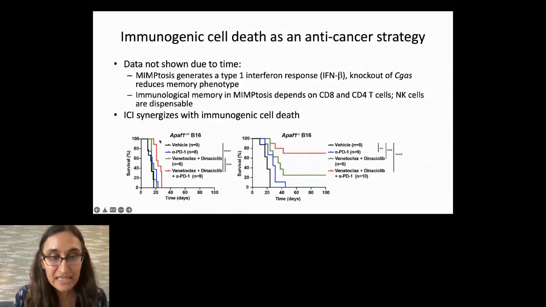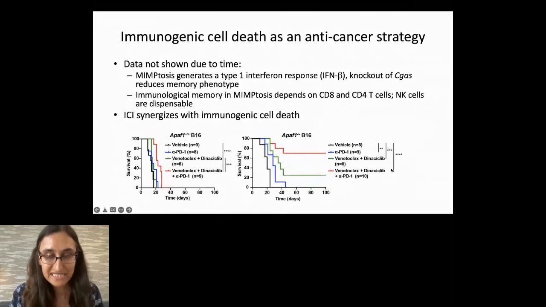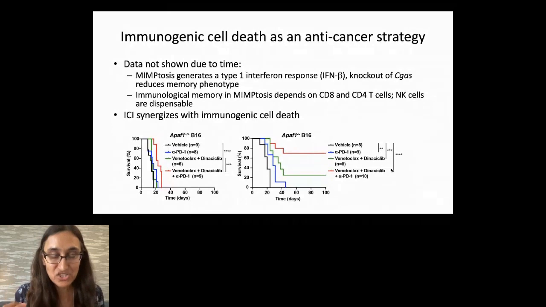So what we're showing here is, again, the mouse experiments in the APAP1 sufficient and deficient melanoma cells in the mouse model. And these agents, one is a BCL2 inhibitor to inhibit an inhibitor of apoptosis, and the other agent enhances the first agent, the BCL2 inhibitor.